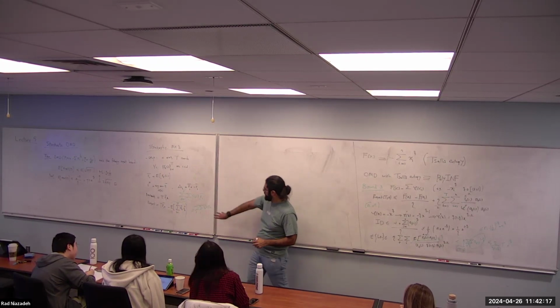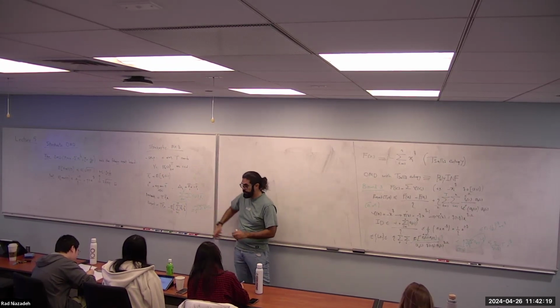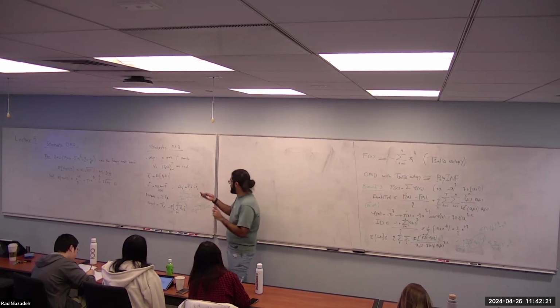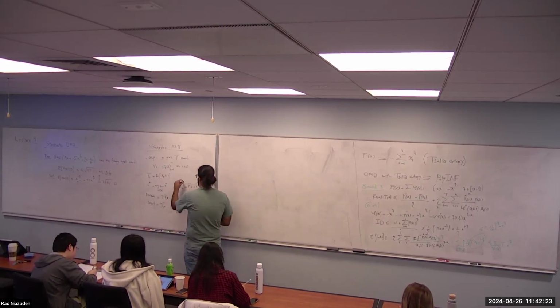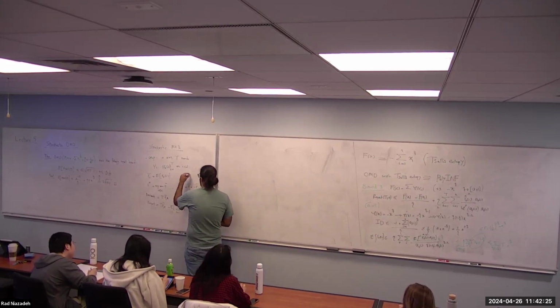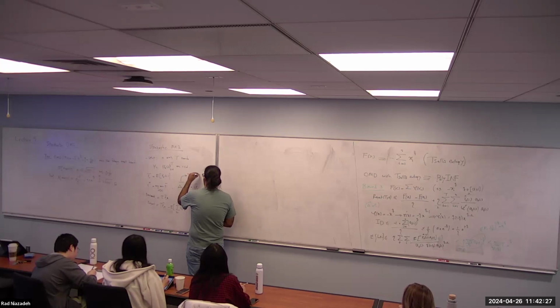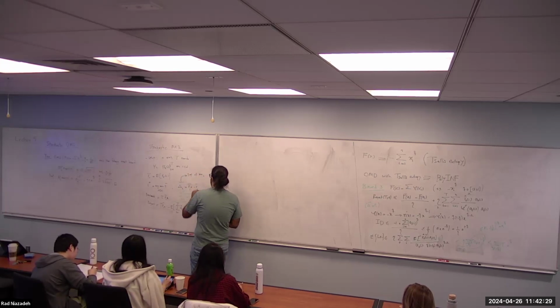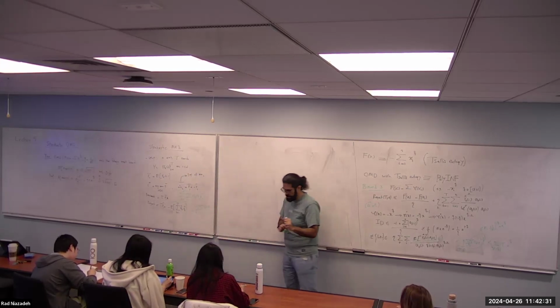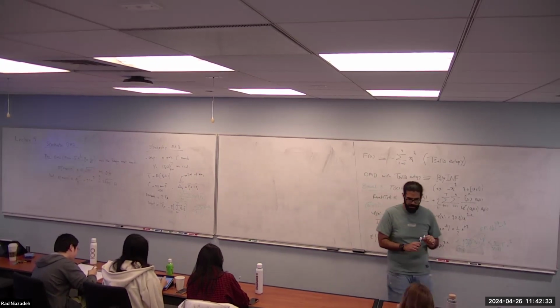And the goal is to design an algorithm, fixing the gaps. These quantities are called gaps. Gap of arm i. And you should really think of it as the measure of suboptimality of an arm i.